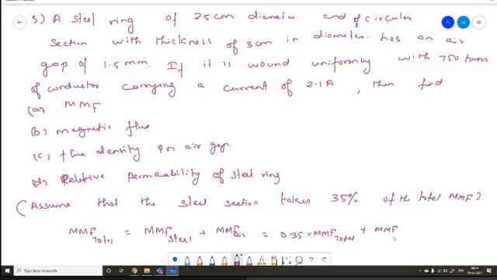So from this I can write this mmf air to be how much? mmf total minus 0.35 mmf total.